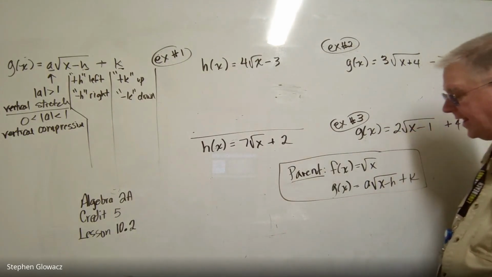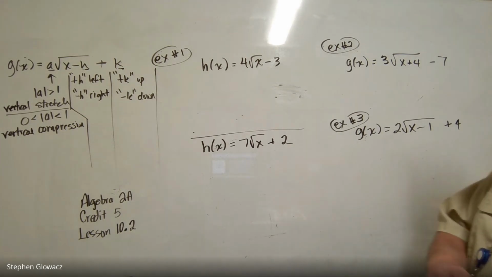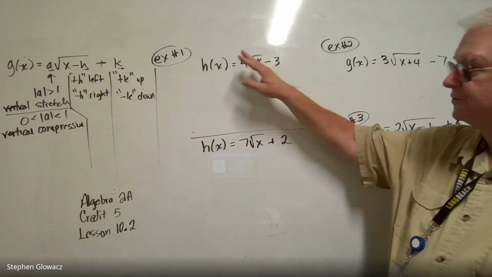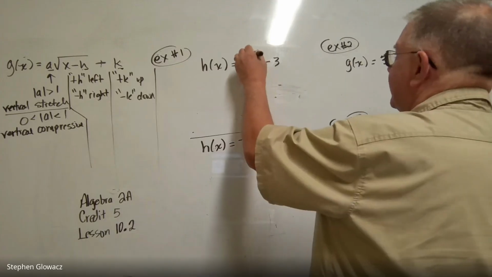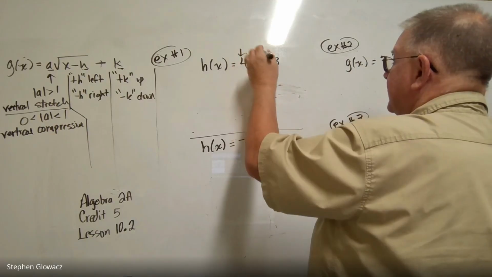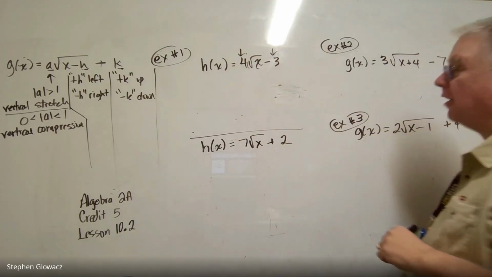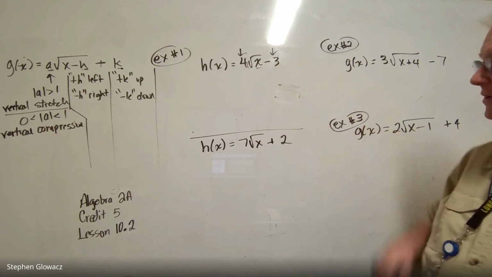Let's take a look at a couple of examples for problem number 1. So in addition to the parent square root function here, I can see there's two transformations. There's the 4 over here being multiplied to the square root of x, and then the minus 3.